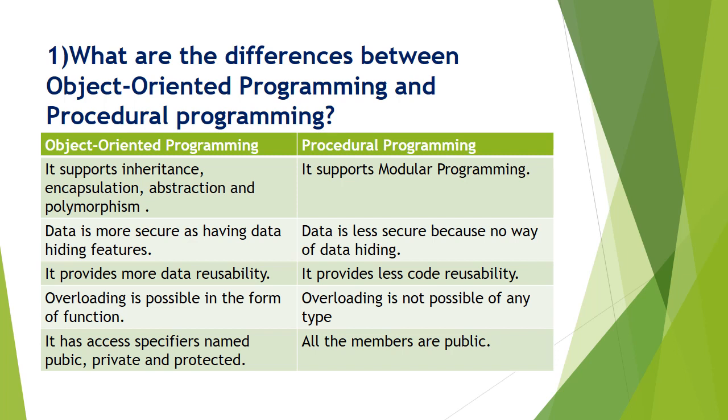Next, the fourth difference between object oriented programming and procedural programming is, in object oriented programming there is a possibility of overloading of functions. But this possibility is not provided by procedural programming.